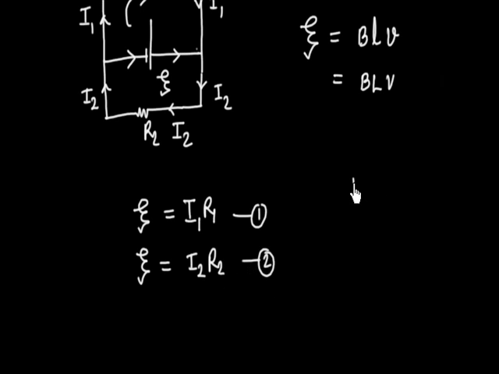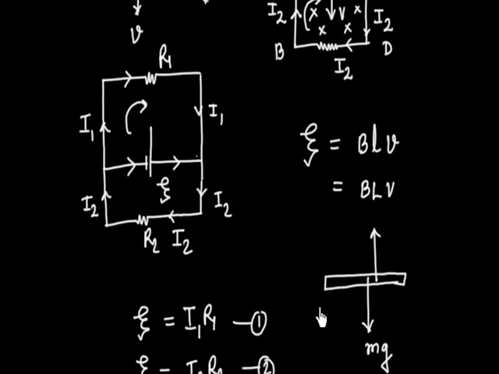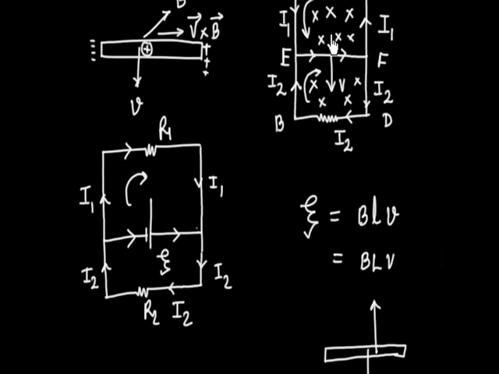I will also have one more equation, using the terminal velocity. What are the forces acting on this rod? There is a force mg acting in the downward direction, and another force acting in the upward direction, that is I delta L cross B. This is the direction of I, this is the direction of delta L, and B is inside.